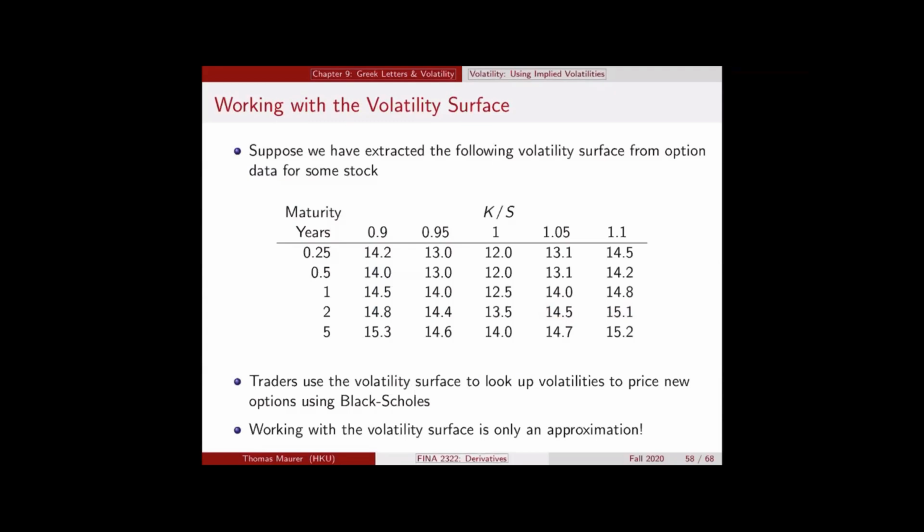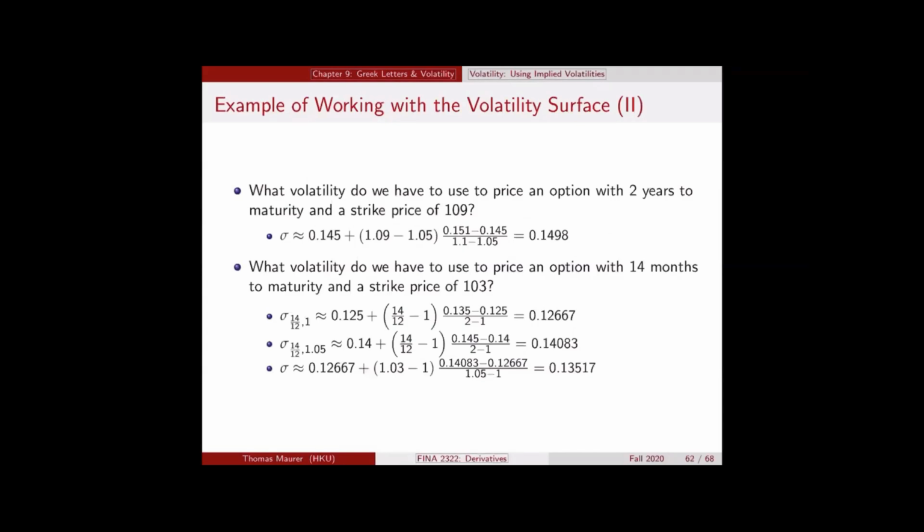That's given by the difference of 15.1% minus 14.5%, divided by the difference in the moneyness, which is 1.1 minus 1.05. That gives me that slope.